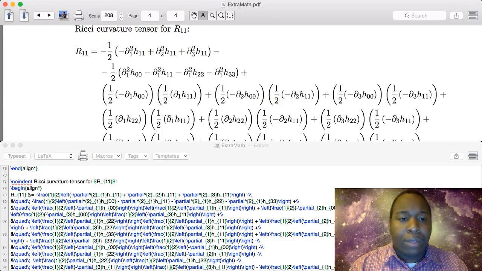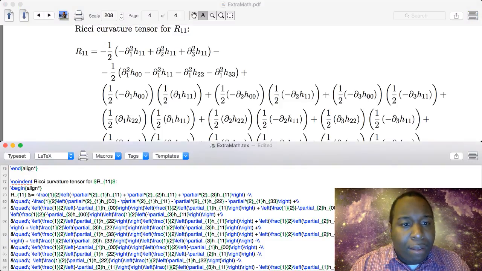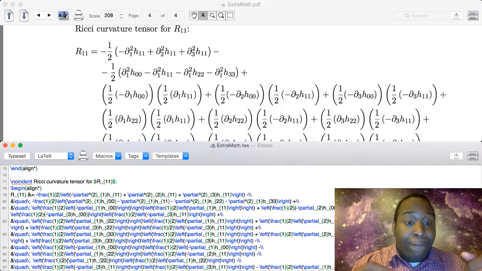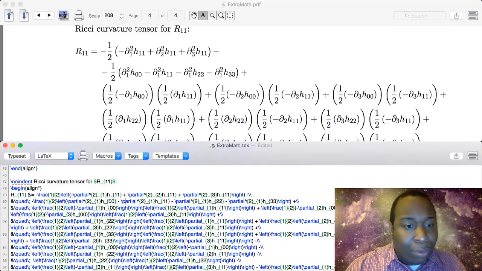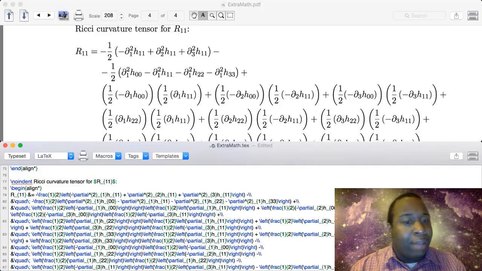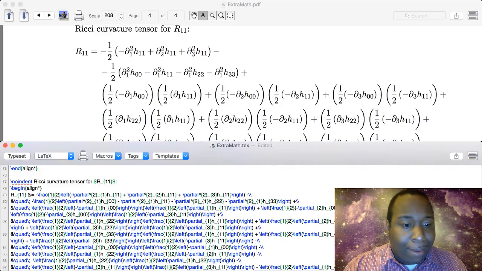So it looks to be that the first component of the first term, the negative partial superscript 2 subscript 1 h11, gets canceled out with the second component of the second element. All right, so I can just delete that 1, 1, 1. That goes away.